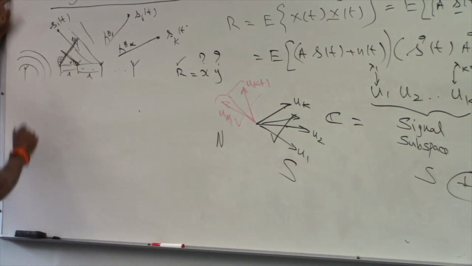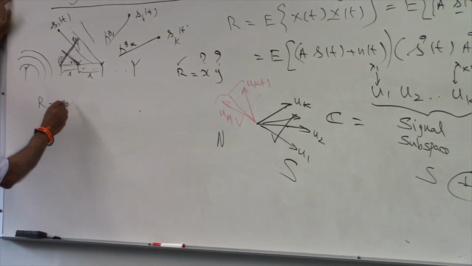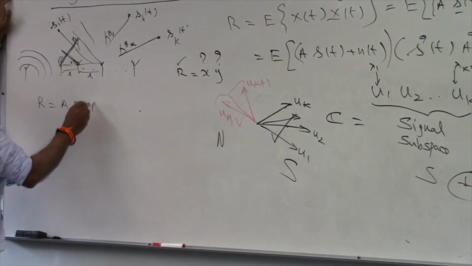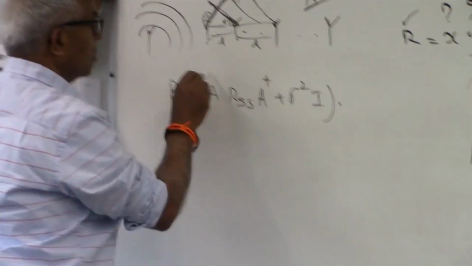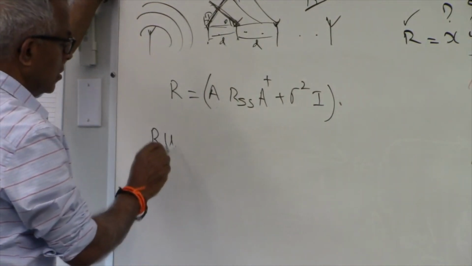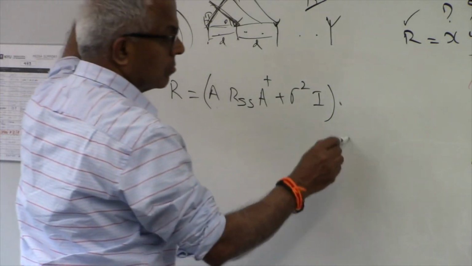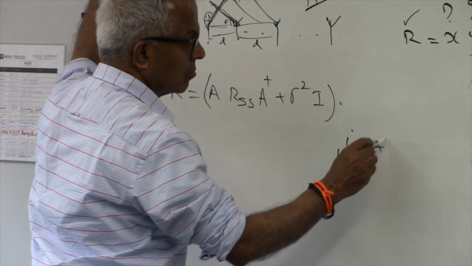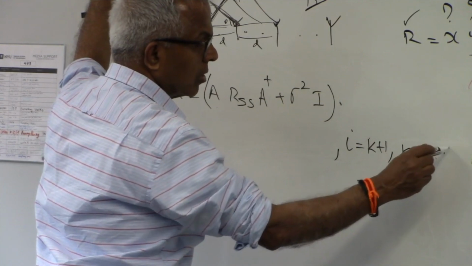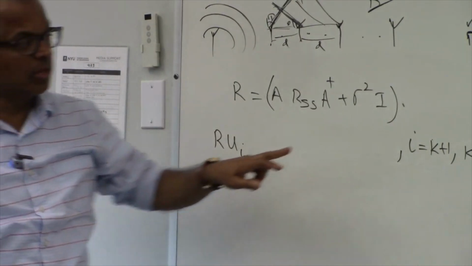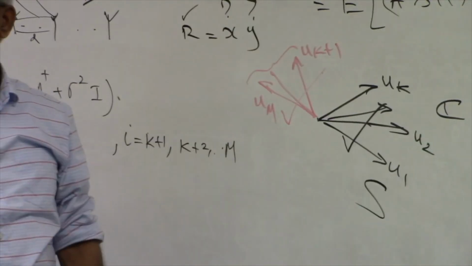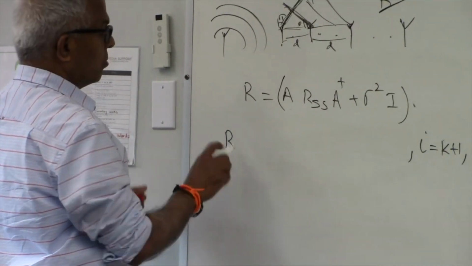You have R equal to A R_SS A transpose plus sigma squared I. I'm going to do this operation deliberately: I'm going to multiply the covariance matrix with one of the noise eigenvectors, ui.